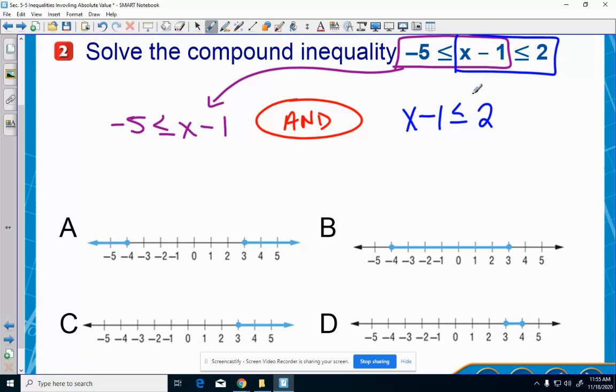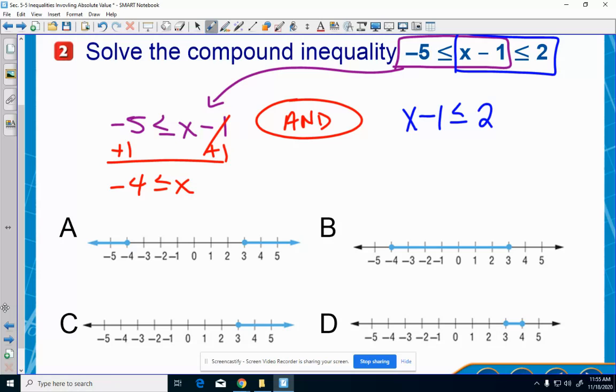Solving these should not be anything crazy. They're both little one-step problems. You're just simply moving what in each of them? You're moving, move the -1. Okay. Because the variable was the piece that was encapsulated in both sides of this problem, it's essentially going to look like I did the same thing to both of them. So I'm going to move the 1, and I'm going to get -4 is less than or equal to x, or essentially x is greater than or equal to -4.